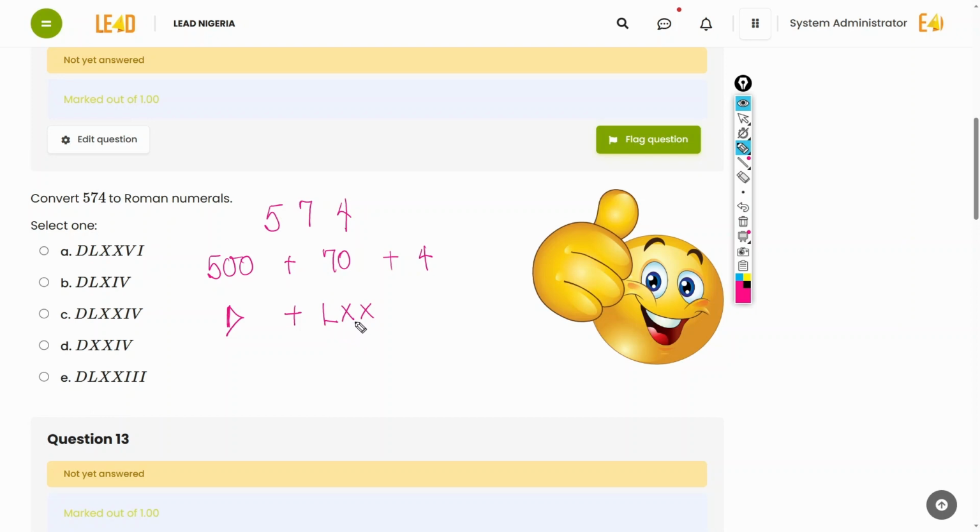That's 50 plus 10 plus 10. And 4 is IV. Okay, that's 5 minus 1 because the I is behind the V. So 5 minus 1, 4. The total is DLXXIV. That's C.